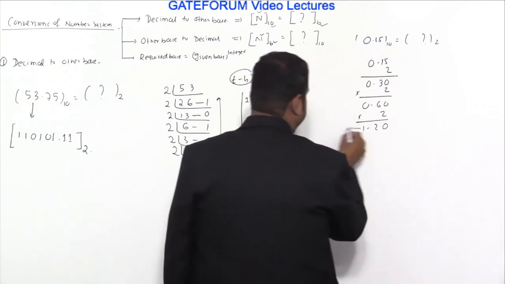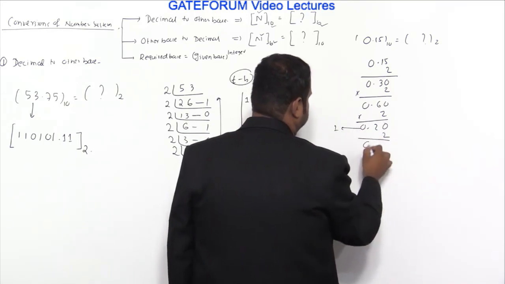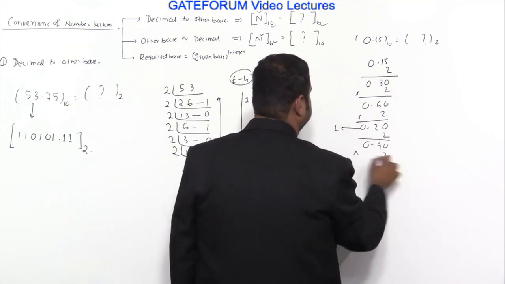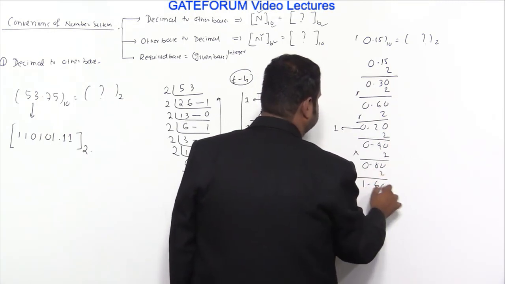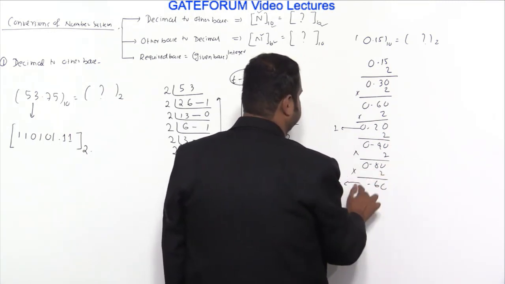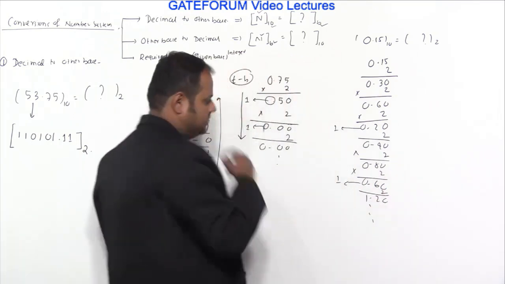But now this 1 you have to take out and make it 0, and multiply by 2, 0.40, again multiply by 2, 0.80, again multiply by 2, 1.60. But this 1 you have to take out and make it 0. Again multiply to get 1.20, and this continues.